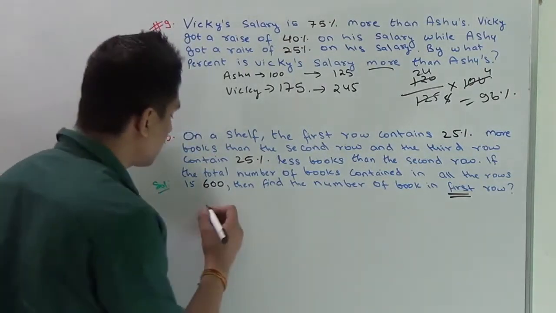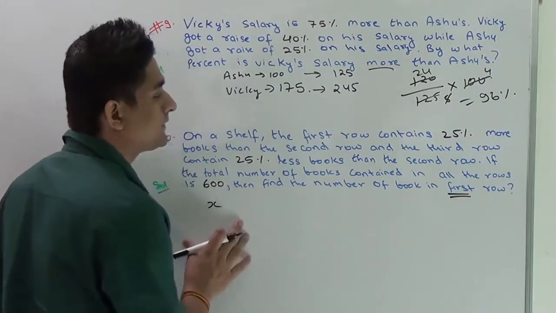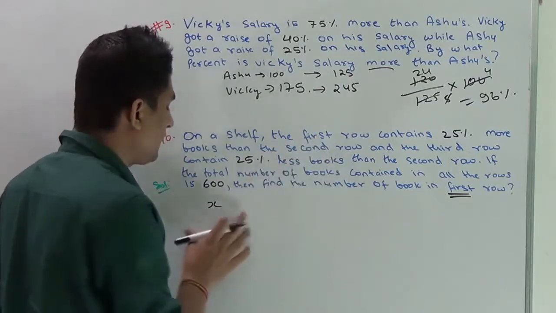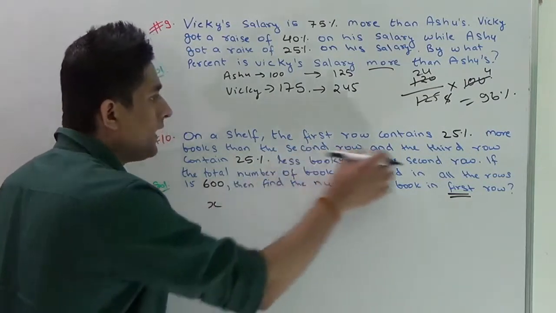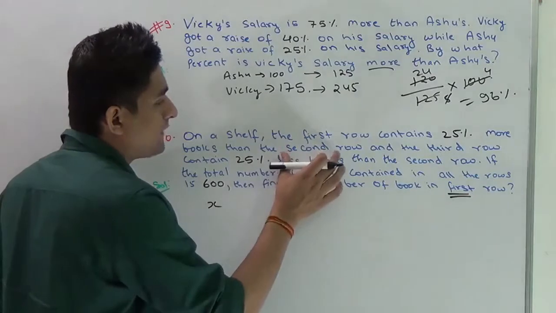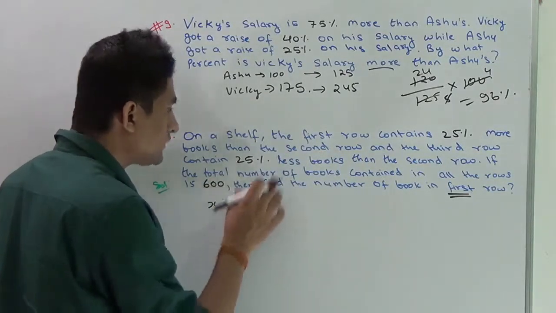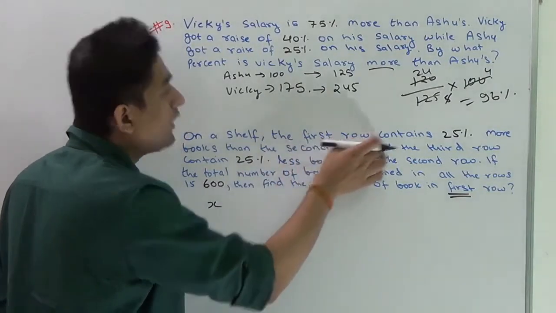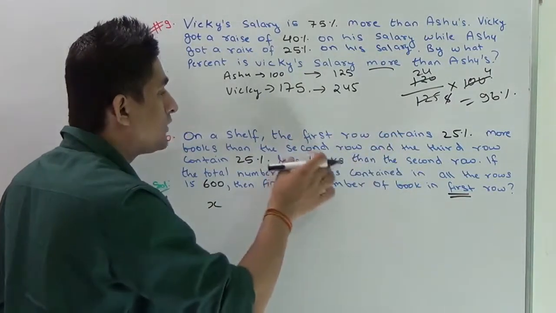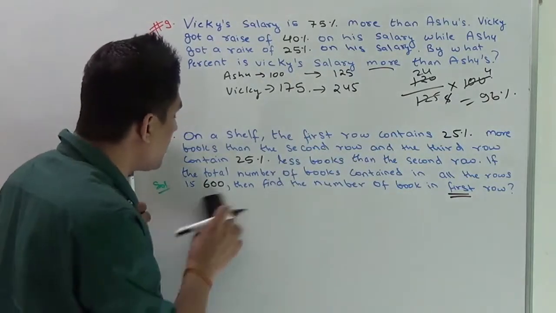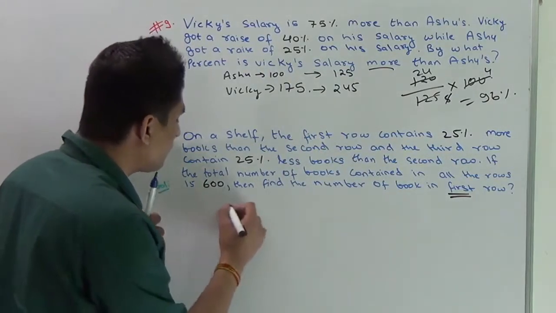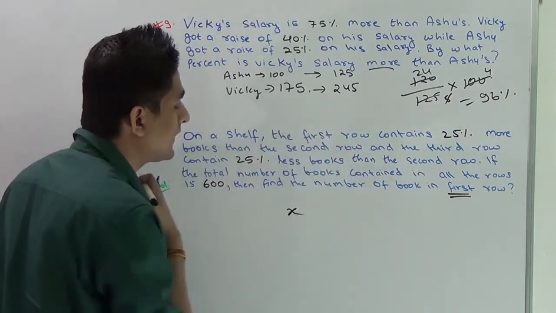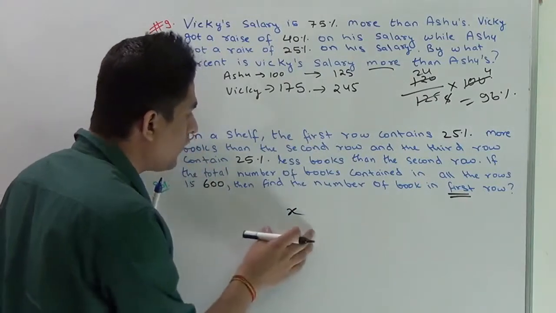Suppose the number of books in the first row is x. Then calculating the second row is not that easy, because the number of books in the first row is related to the second row. So we should assume the number of books in the second row to be x.